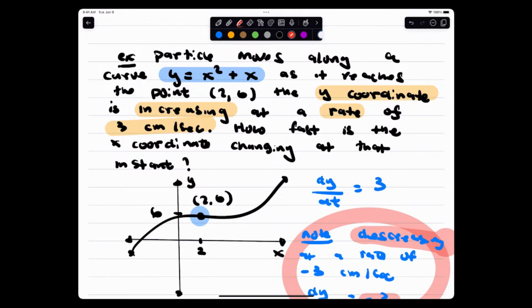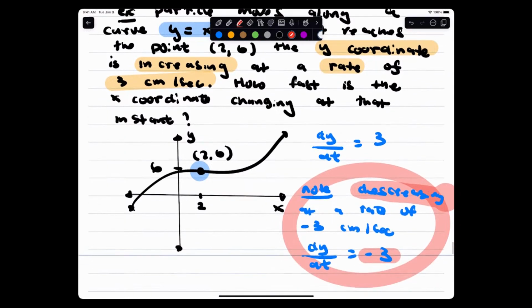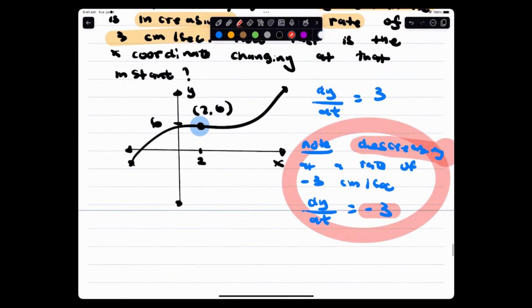The words increasing and decreasing, okay, if they ever use the phrase decreasing, put the negative number. They may not put the number. It's kind of like speed. Yeah, exactly. It's kind of like speed. You know, speed is always positive. Negative velocity, positive velocity. But yes, if they put this, let me be clear.